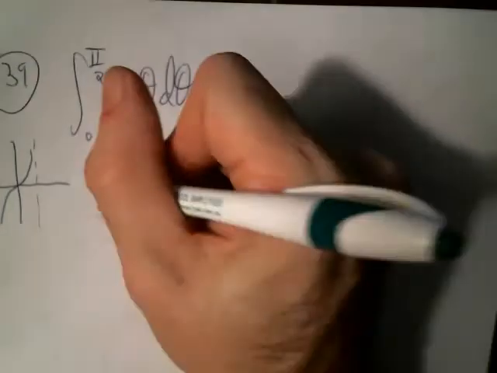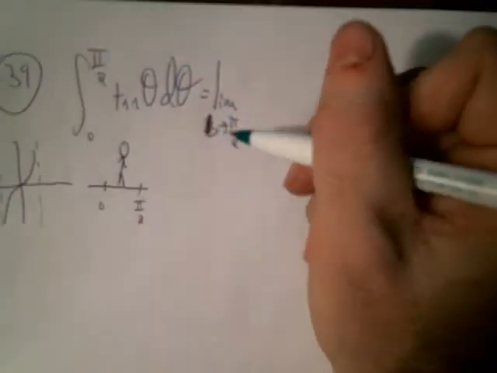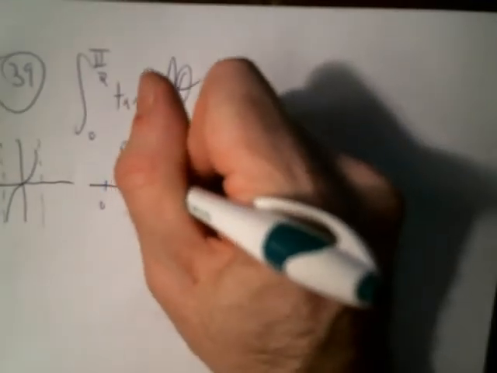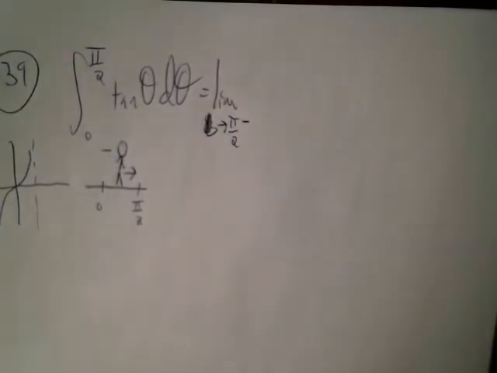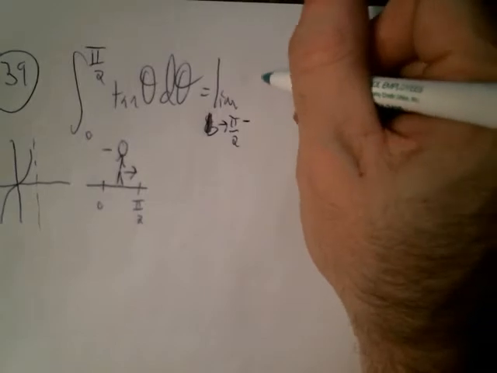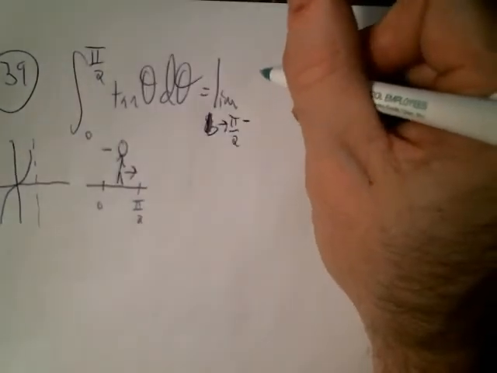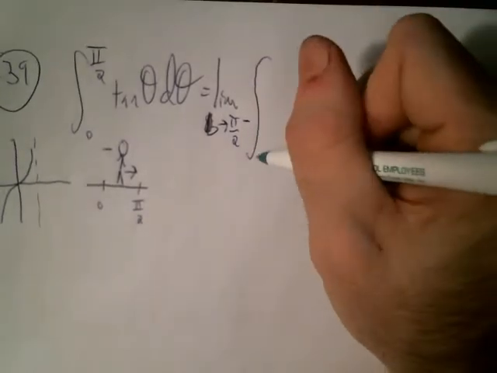You have to imagine yourself as standing inside the interval. So if you're approaching pi over 2, you're coming in from the negative side, so you're going to put a little negative symbol there. That's really the only major difference between this and the infinite interval integrals.